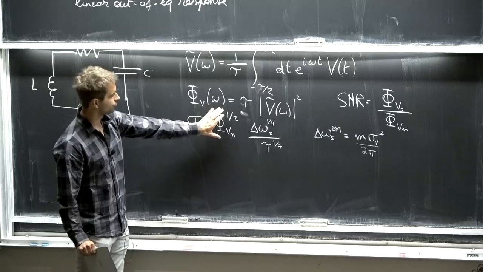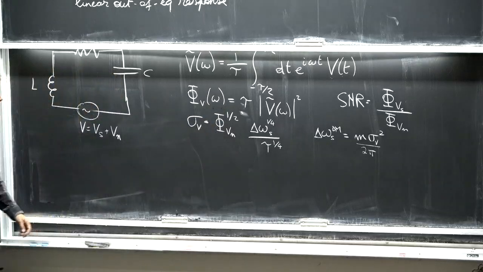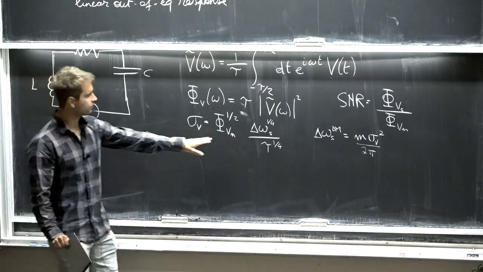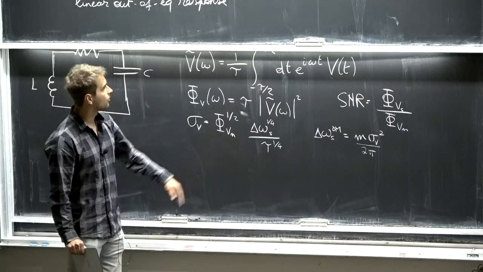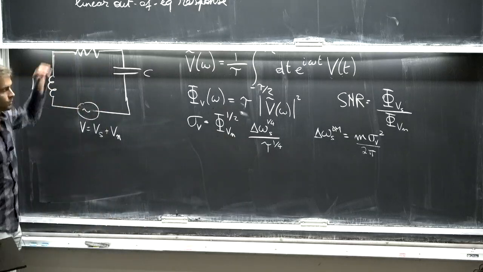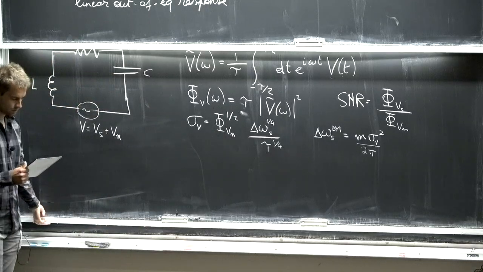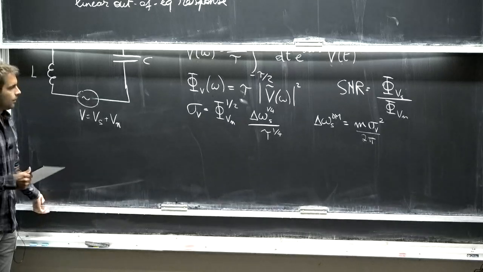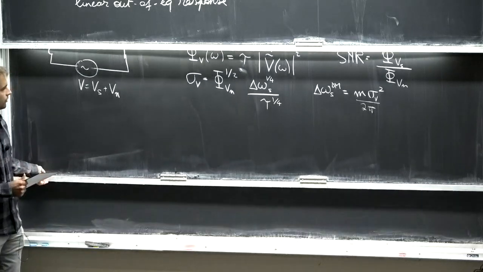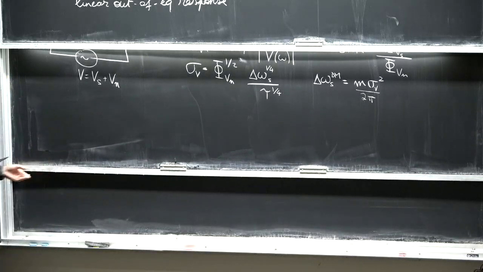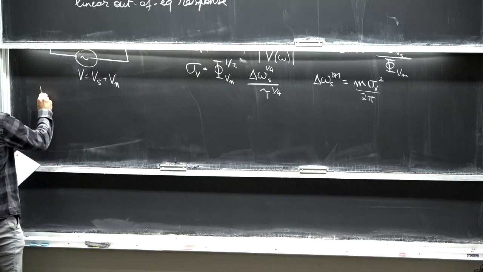Now we just need to characterize what this noise spectral density is for our noise, right? And for that, we'll use this fluctuation dissipation theorem. I won't have time to go through the full derivation here, but I'll just tell you what the formula is.